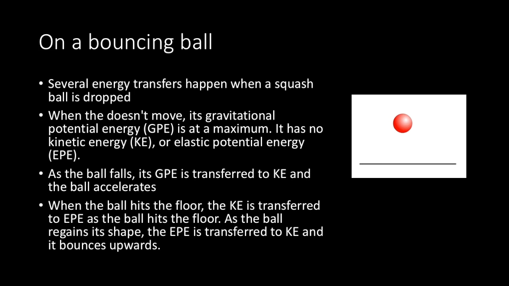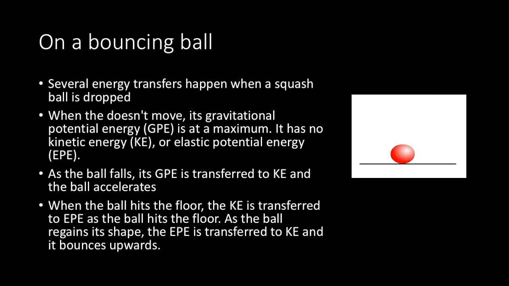When the ball falls, the gravitational potential energy is changed into kinetic energy and the ball accelerates. And then when the ball hits the floor, the kinetic energy is changed into elastic potential energy.